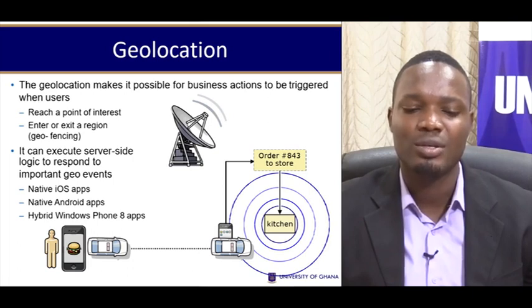So based on the user's location, when they reach a point of interest, let's say for an example, you are running a restaurant in a particular locality.